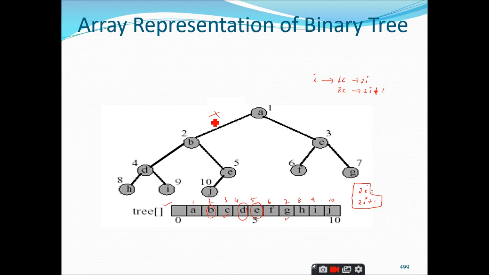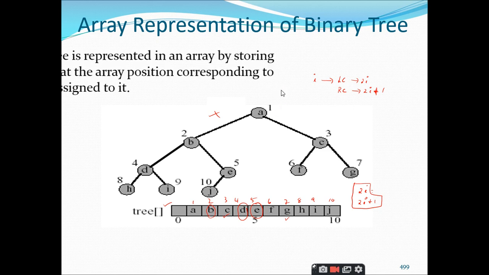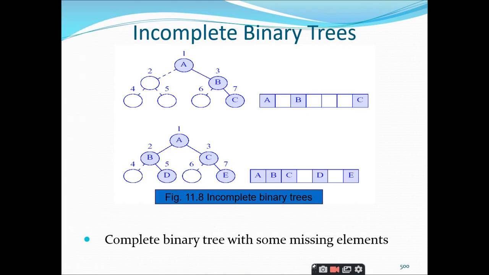Like that, we have different types of trees. What I am going to tell you is, whenever you represent a binary tree using arrays, it will be beneficial only if the binary tree is either a full, proper or almost complete binary tree, right? For example, if we have some incomplete binary tree like this, let us take this binary tree.